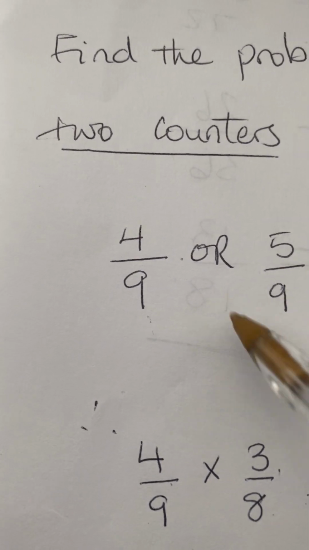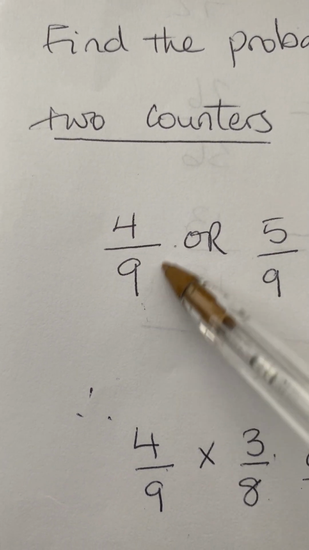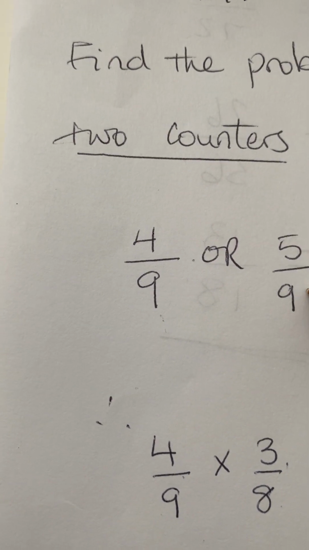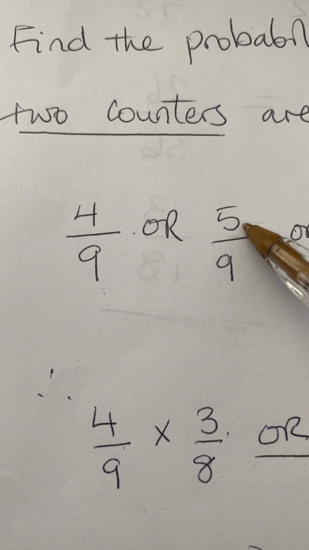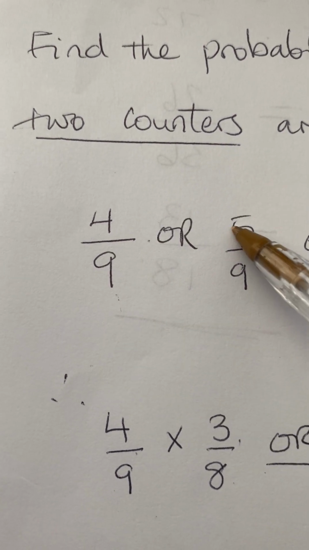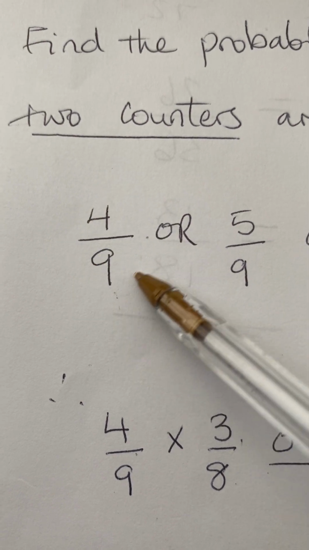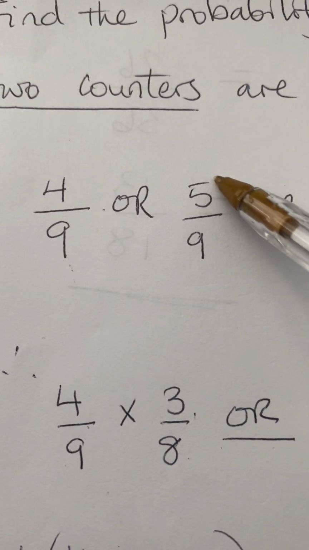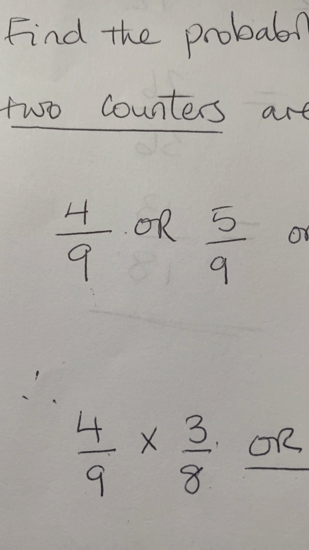So if you dip your hand in, okay, first of all you have 4 over 9. Okay, so if you put your hand in, you can either have 5, which is not blue, over 9. Okay, that is what you are going to start with. So the first one, 4 counters out of 9, and then there are 5 counters that are not blue.